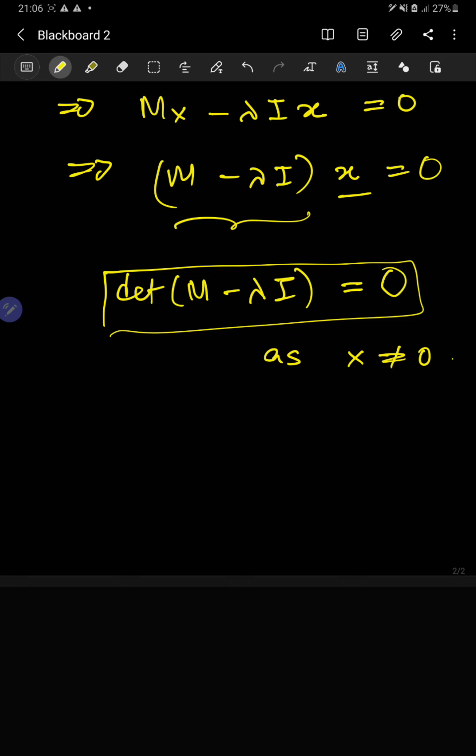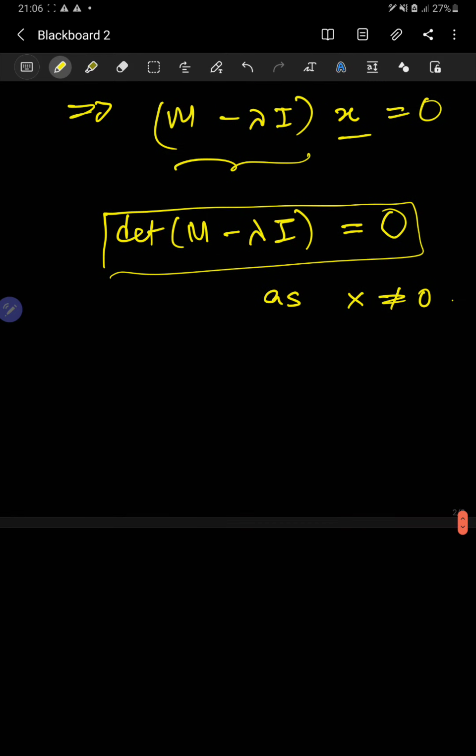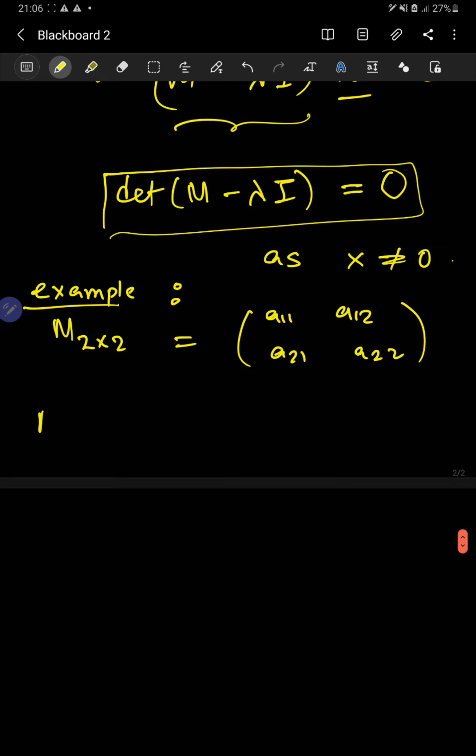Okay, so let's now try to calculate the eigenvectors and eigenvalues. Let's start with a 2 by 2 matrix, our usual example, with elements a11, a12, a21, a22. So M minus lambda I would be something like this.